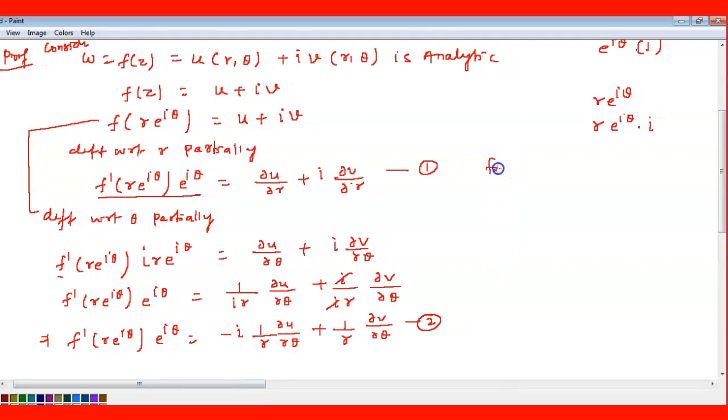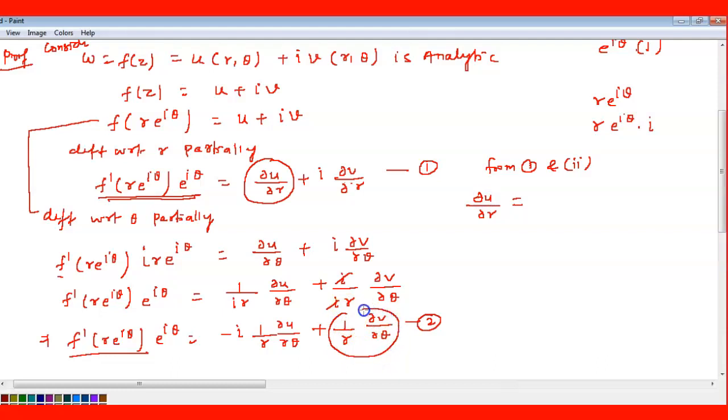So from equations 1 and 2, the left hand side is the same, so the right hand side will also be the same. Both are complex numbers, and two complex numbers are equal when the real part equals the real part. The real part here is del u by del r, and the real part on the other side is 1 upon r del v by del theta.